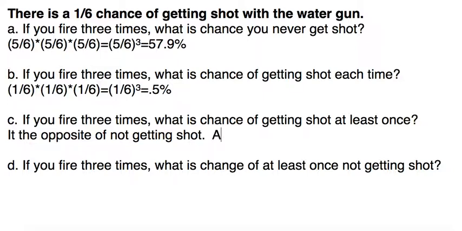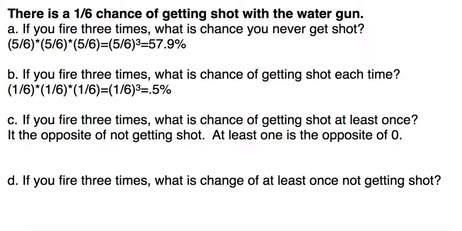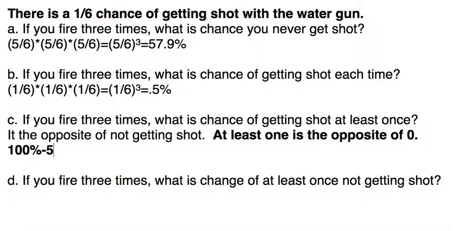So little notes here: at least 1 is the opposite of 0. I'm going to put that in bold because that's so important. So at least 1 is the opposite of 0. We said 0 up here was 57.9%, so we'll just take 100% minus 57.9%, and that'll give us 42.1%. So the chance that you get shot at least once will be 42.1%.